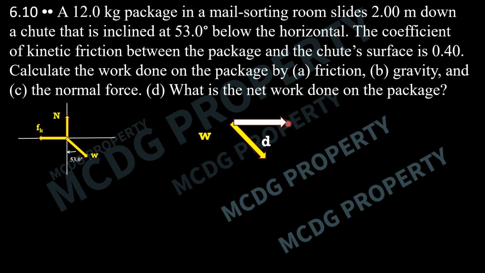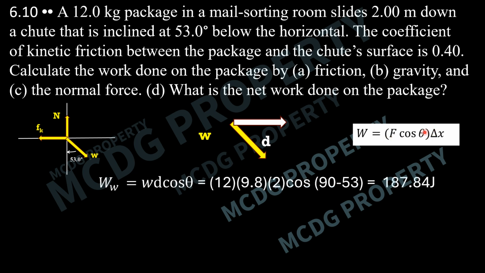So that is your d. Again, the work done by a force is equal to F cosine theta times delta x. So substituting the given information about the force and the angle that the force makes with the motion, we can calculate the work done by gravity.